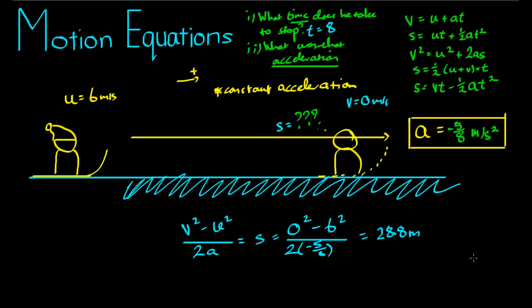Recall, the stopping distance when the sled had been travelling at 5 meters per second was 20 meters. But by simply adding on an extra meter per second to the velocity, we've increased the stopping distance by almost 50% again, adding on almost another 10 meters to the stopping distance. This is the principle behind road safety's wipe off 5 advertisements.